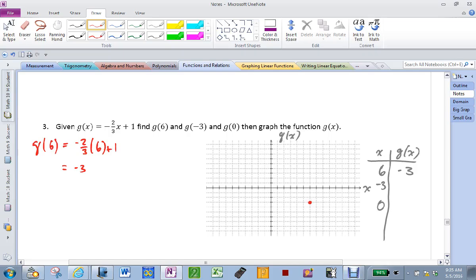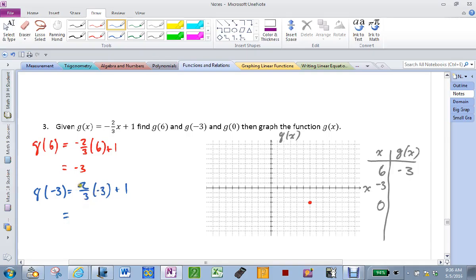Everybody cool? Great. So what's the next one I got to do? What's g now? Negative 3. So I write it as negative 2/3 times negative 3 plus 1. What does that get me? What happens to the 3's?